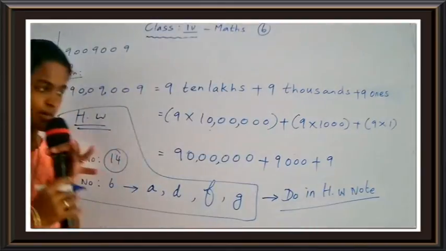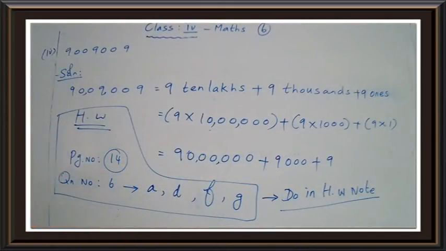Okay children, so your homework is page number 14, question number 6, A, D, F and G. Do it in your homework note. Okay children, we will see in the next class. Okay, thank you.